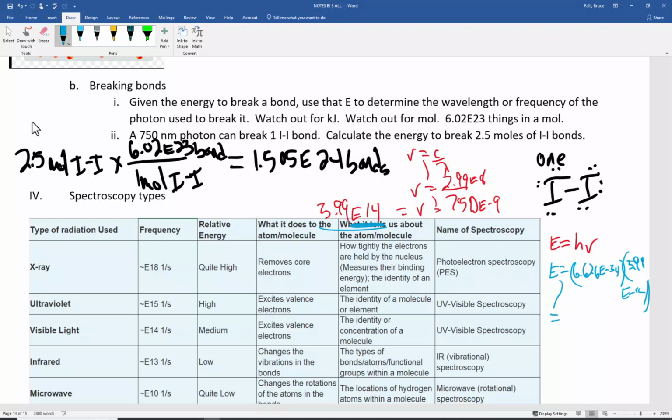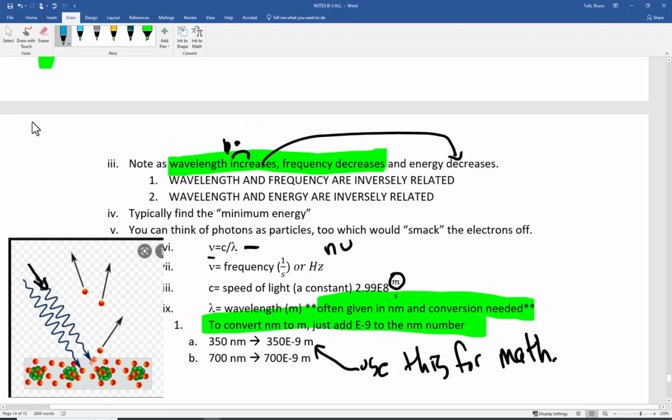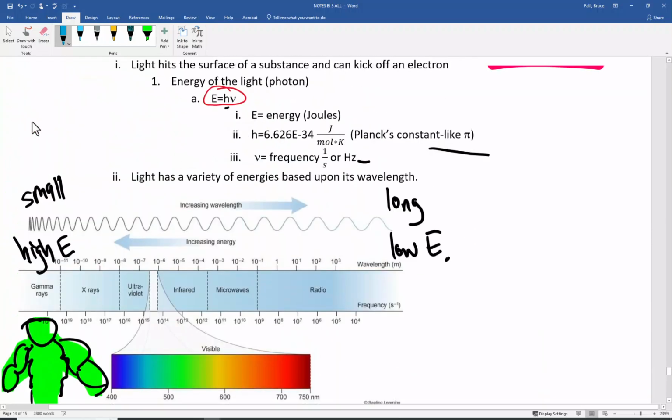And my energy would be, second answer times 6.626 E-34, and I get 2.64 E-19 joules.